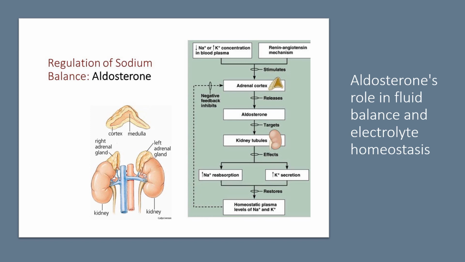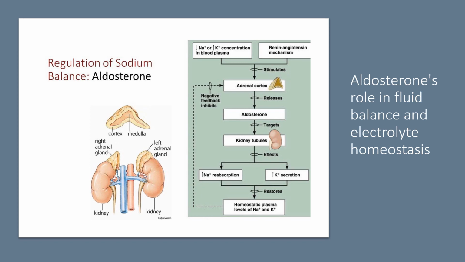Additionally, aldosterone promotes the excretion of potassium ions, preventing their accumulation in the bloodstream. Aldosterone's actions are particularly significant in situations such as dehydration or low blood pressure when there is a need to conserve fluids and restore normal blood volume.